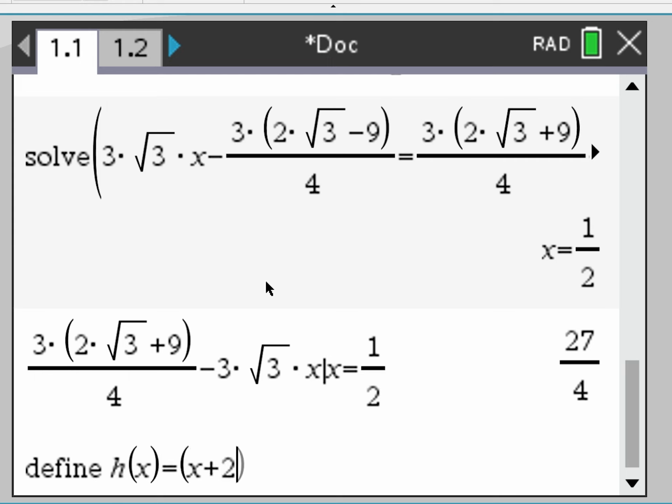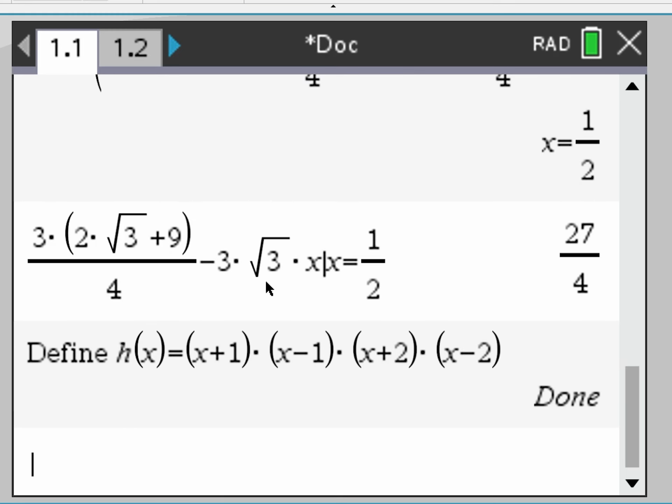So this is where the actual reading time comes into play. It helps you strategize all of your questions, so make sure you use it effectively. x plus 2 times x minus 2. Alright, so let's define that now.